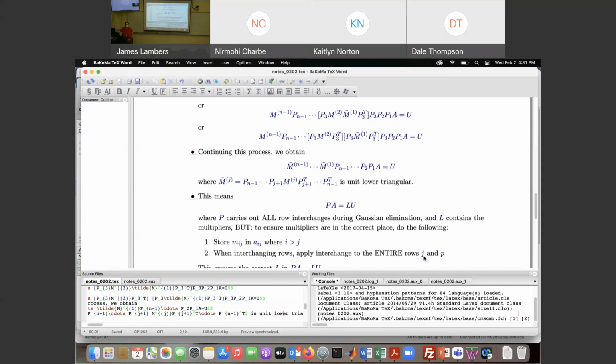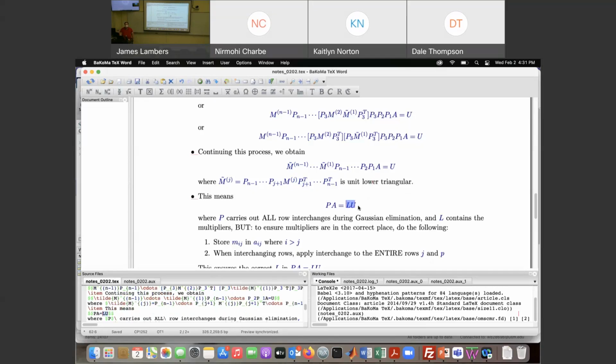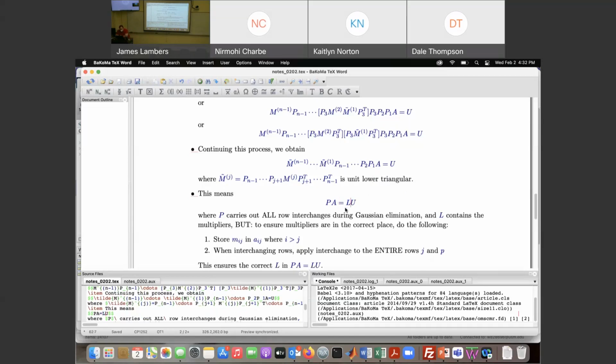That way, as you move on from the first column, you're still going back and interchanging the order of those multipliers as needed. That guarantees that this LU decomposition is what will come out of it. So you actually are applying the permutations to your multipliers as you go to produce the correct L.